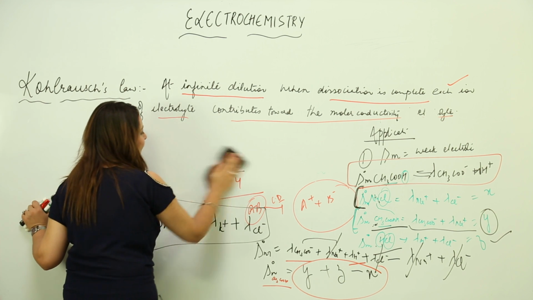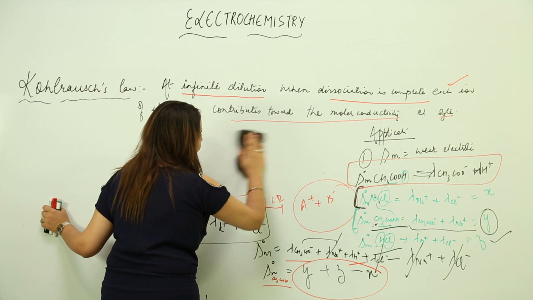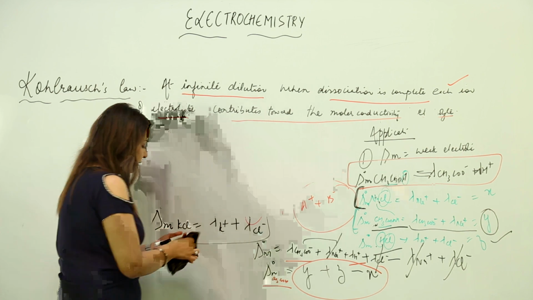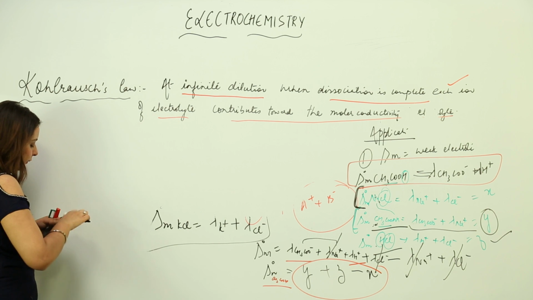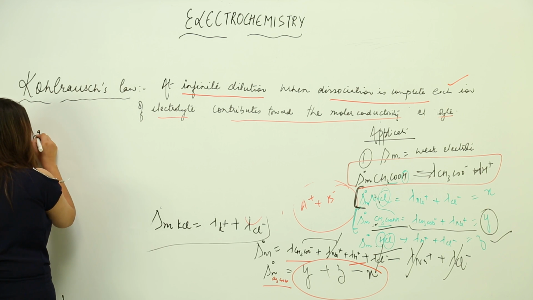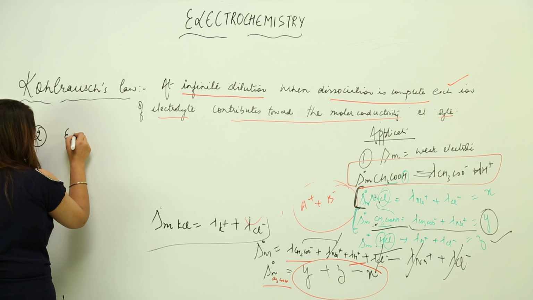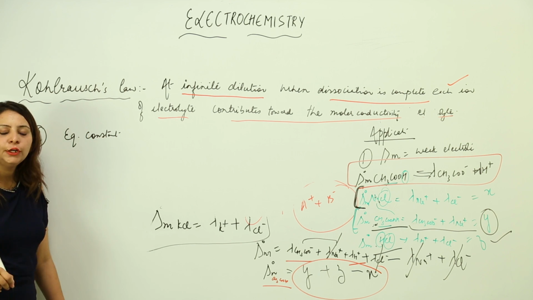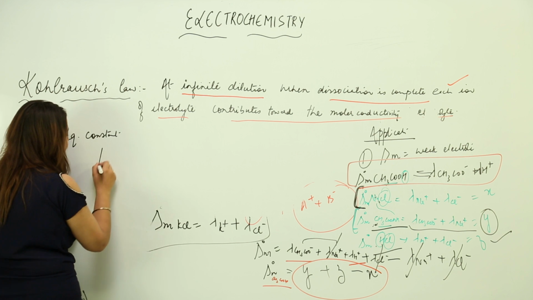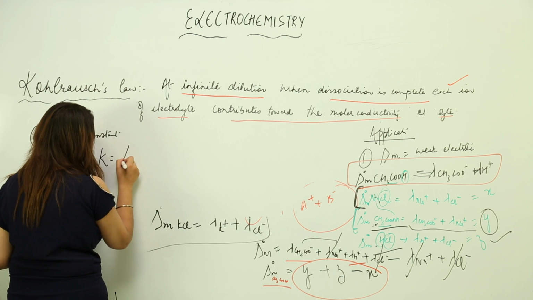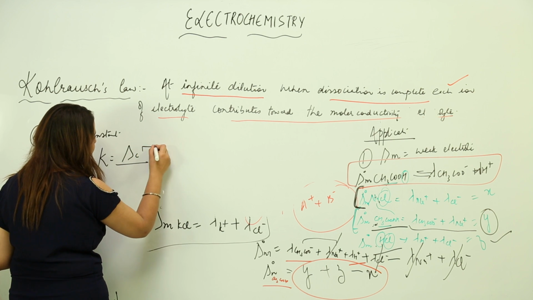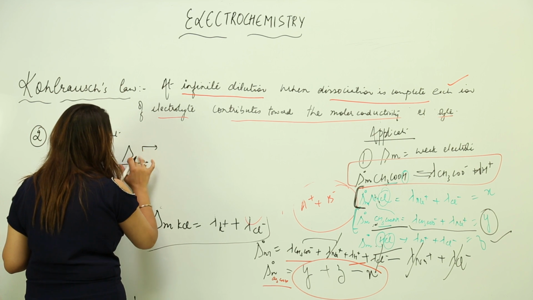So the second application is that we can actually have the value for the equilibrium constant. So we have K is equal to lambda C, let's say that this is the conductivity, we will write C here.